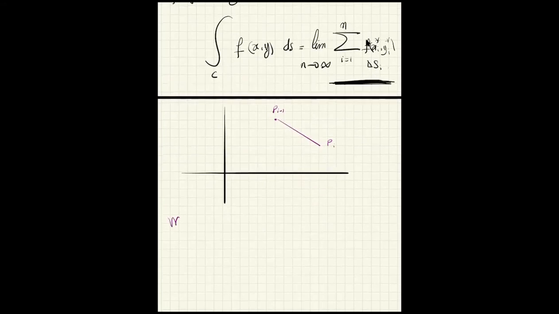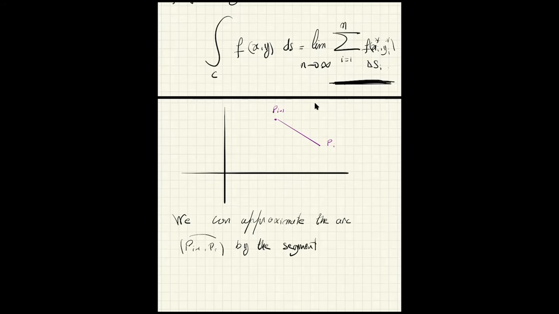Now we can approximate the arc P_{i-1} P_i by the line, by the segment P_{i-1} P_i.